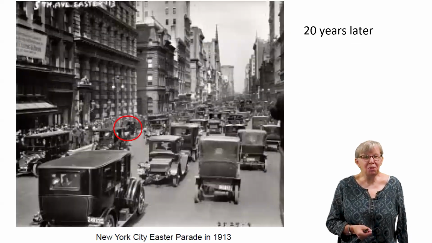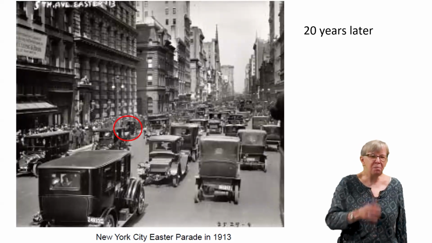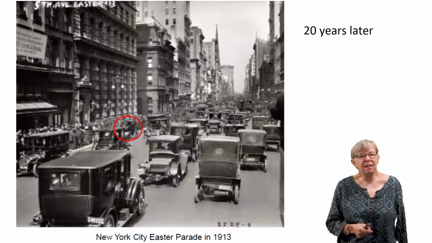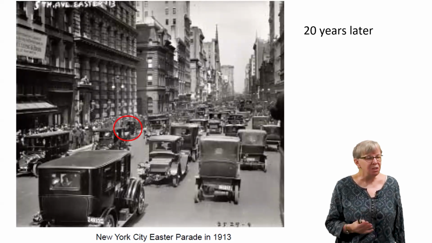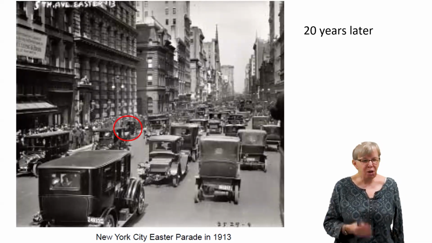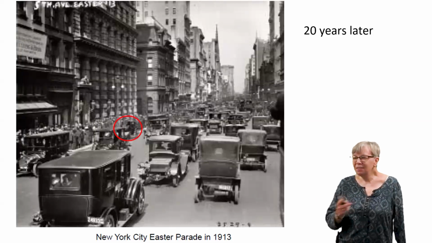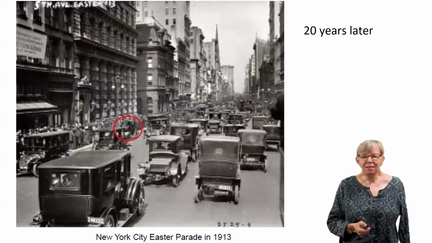So what was their solution? Automobiles. So 20 years later, it's the same parade. There's one horse-drawn carriage, and all the rest are automobiles. 20 years. New York City went from horse-drawn carriages to automobiles. And they thought this was a great environmental benefit because they solved the horse manure problem.